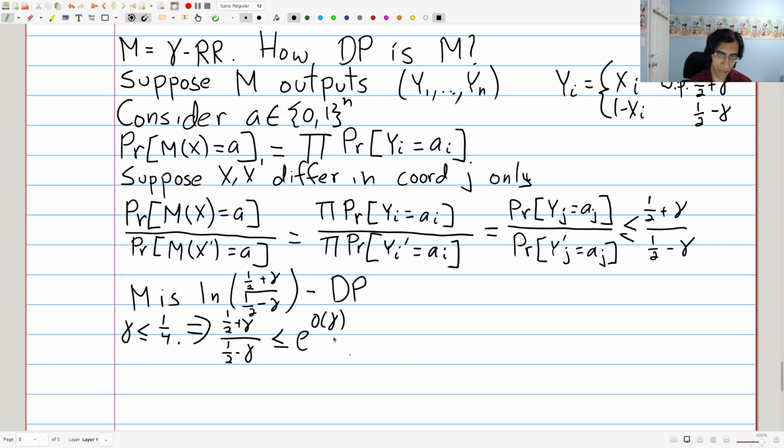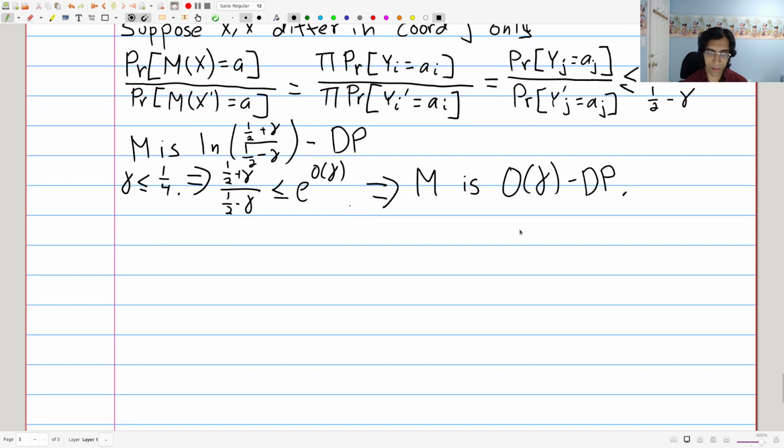This is not too hard a bound to show. Just do the Taylor expansion once again, and you can verify it. But this implies that m is O of gamma differentially private. And in particular, if you set gamma to be epsilon, then you'll have O of epsilon differential privacy.